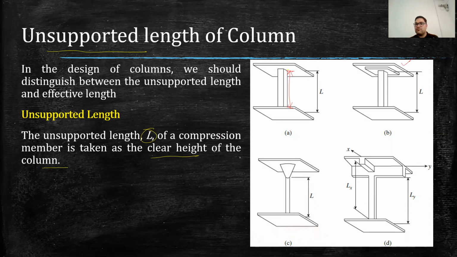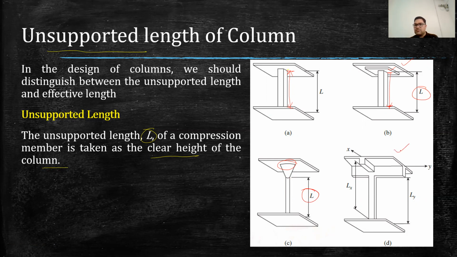Similarly, if we have a flat slab, in that case, this part is called capital. So generally we measure the unsupported length from the bottom of the capital to here also. So this becomes the unsupported length. Similarly, if we have the column whose end is like this, in that case, we measure the unsupported length L like this.